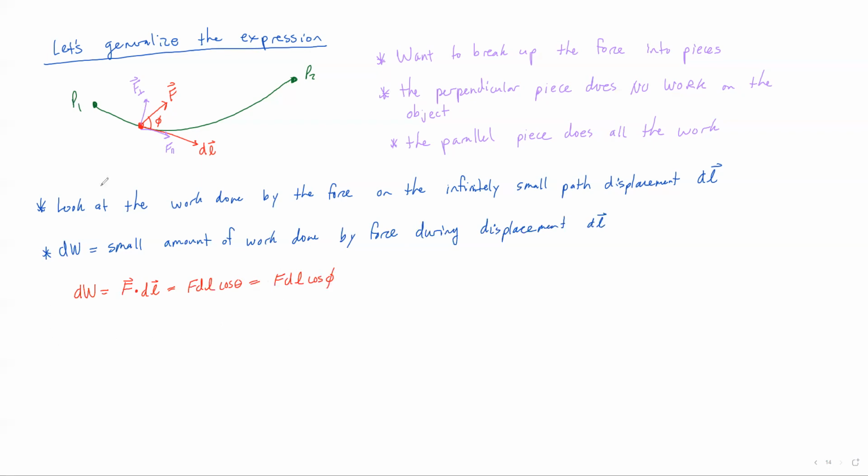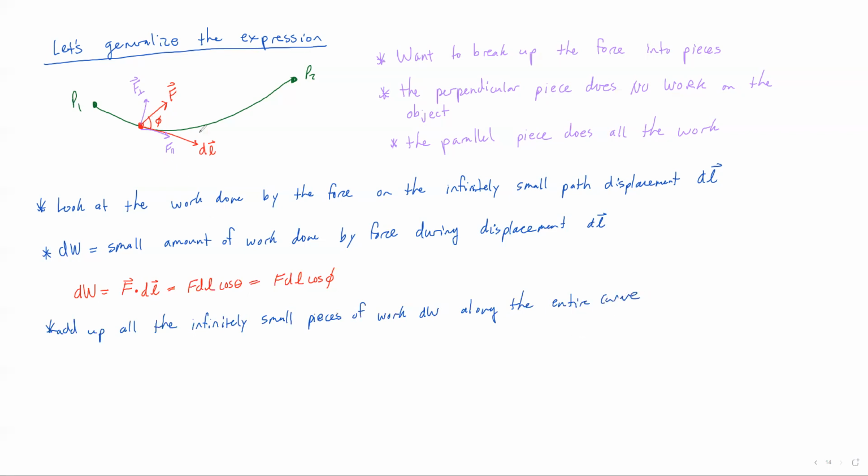Once you do that, what you do is you add up all the infinitely small pieces of work dW along the entire curve.